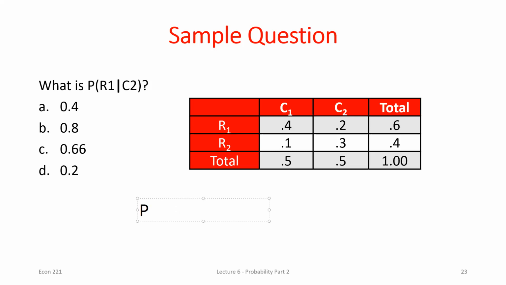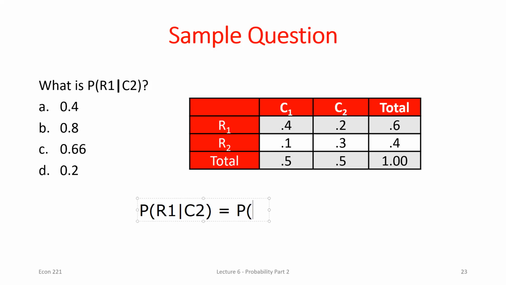So if I want the probability of R1 given C2, I know that I can rewrite that as the probability of the intersection of the two, and then divide by whatever I'm conditioning on. That was the equation we had.